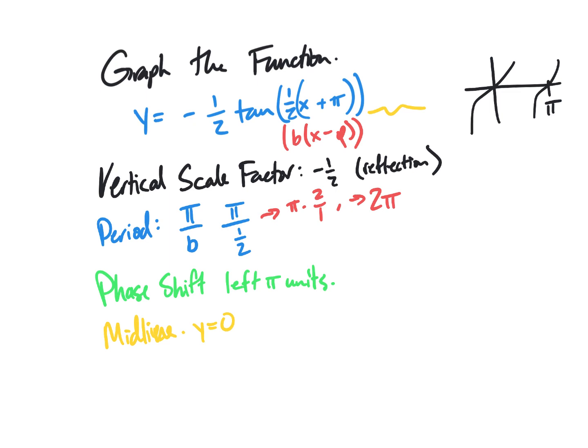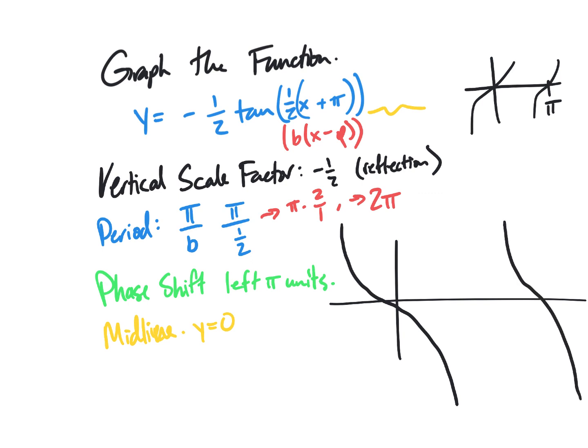So we need to shift this graph. We need to flip it upside down. We need to compress it because of the 1/2. We need to make it go half as often because the period is 2 pi. So here's my graph. It's upside down and flatter. And it repeats every 2 pi. So this is 2 pi.